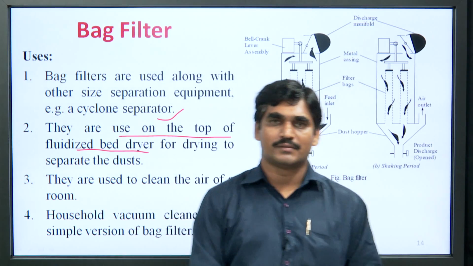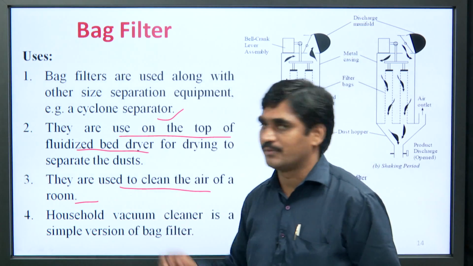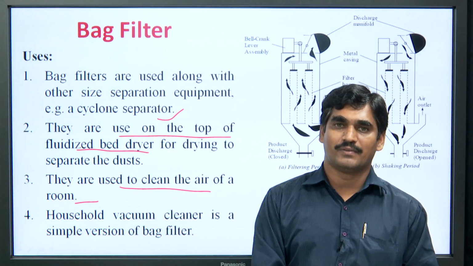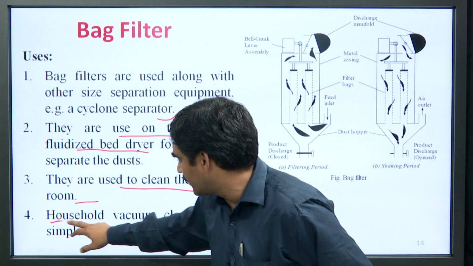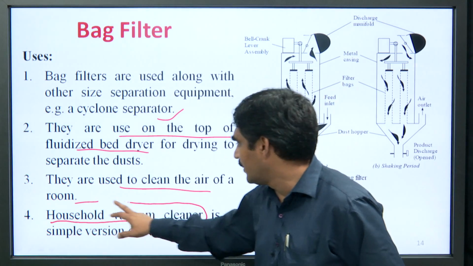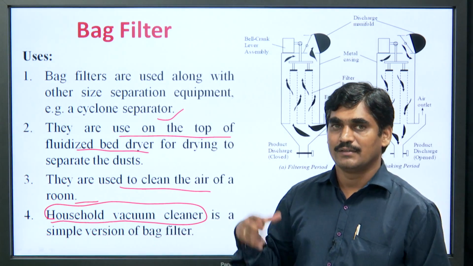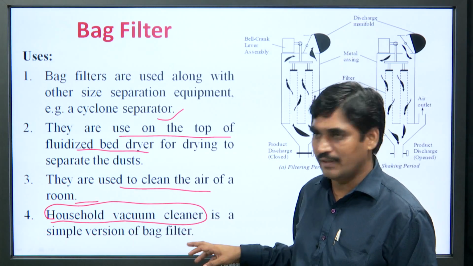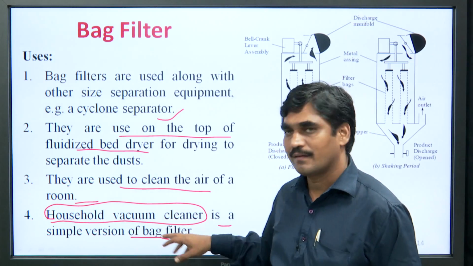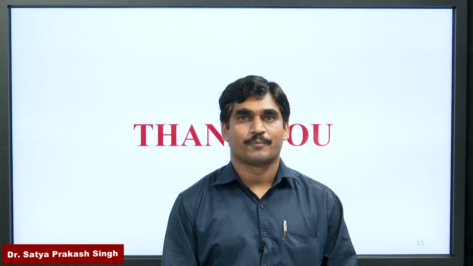These bag filters are used to clean the air of a room also. The principle of the bag filter is used in the household vacuum cleaner. So, the vacuum cleaner which we use in our house for cleaning purposes, in that case also this principle of bag filter is used for size separation of particles.